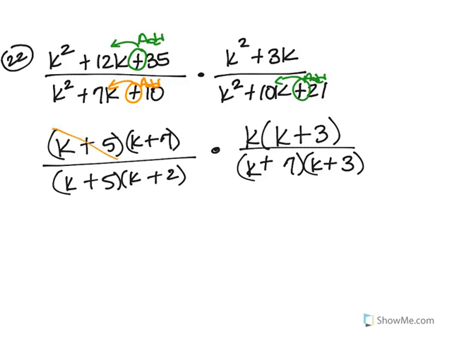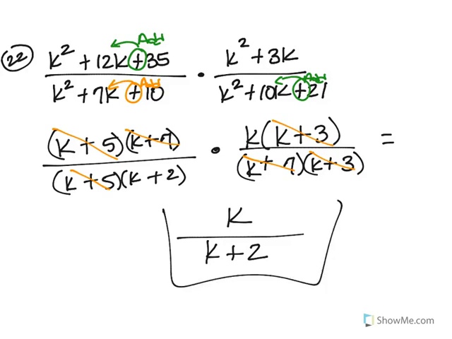So that would be my plus 5s, k plus 7, k plus 3. So we're left with a k on top and k plus 2 on the bottom. Do y'all see that? Okay. 23.